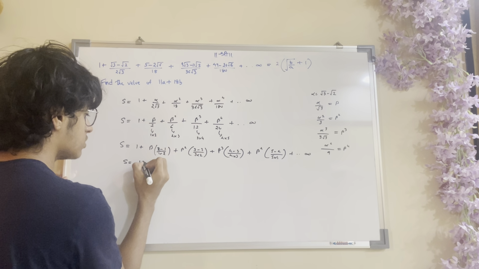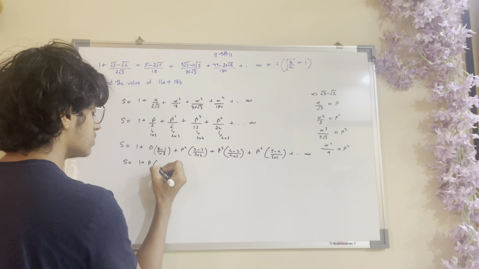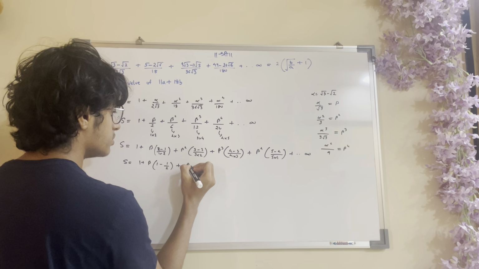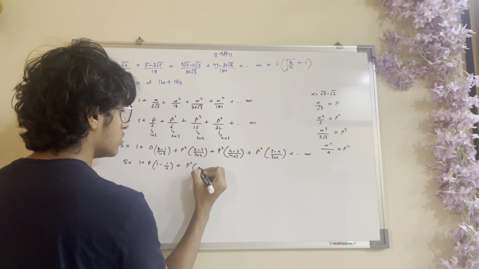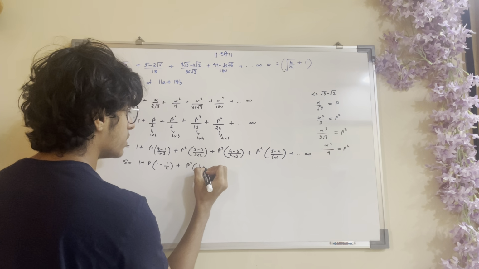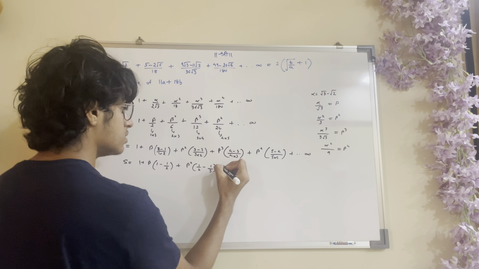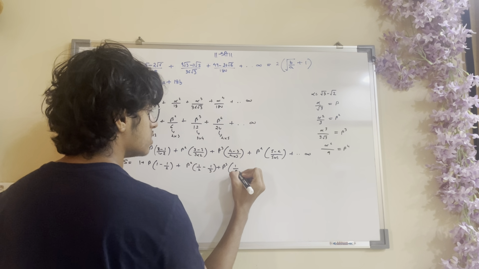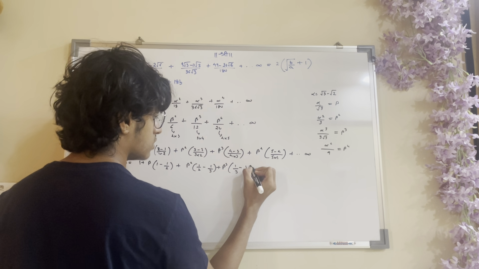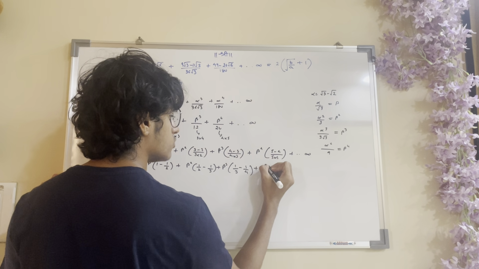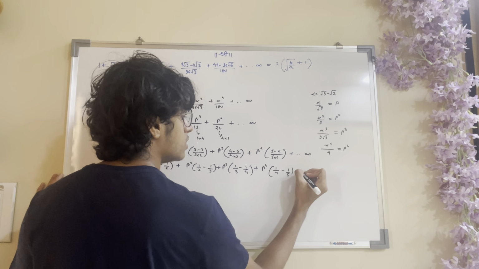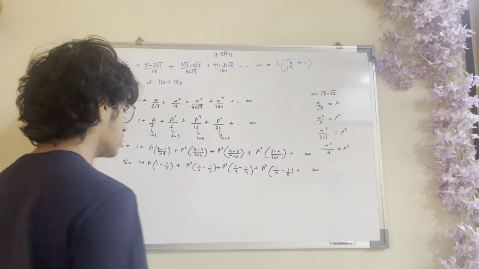S is equal to 1 plus beta into (1 minus 1 by 2) plus beta square into (1 by 2 minus 1 by 3) plus beta cube into (1 by 3 minus 1 by 4) plus beta power 4 into (1 by 4 minus 1 by 5), and this goes on till infinity.